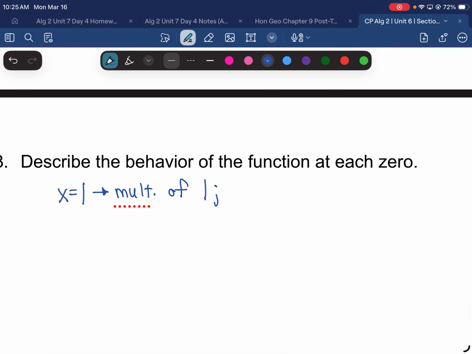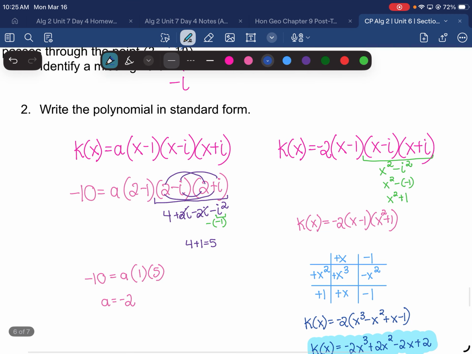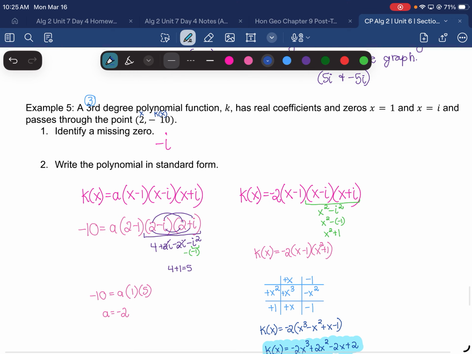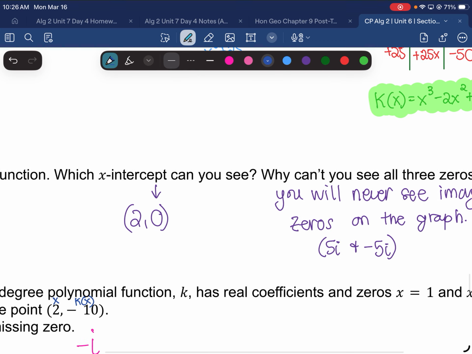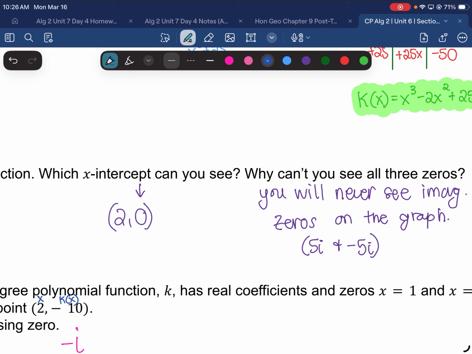So what do you say? Does it pass through or is it tangent to? Does it pass through? Because it's odd. So we had our zero of 1. What did you tell me before in the last problem about positive 5i and negative 5i?